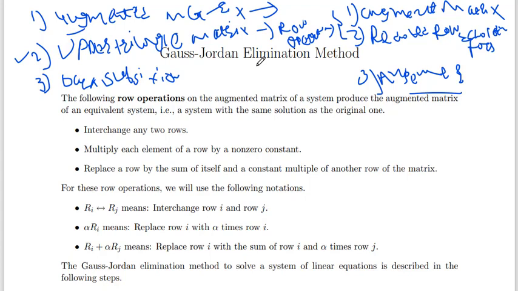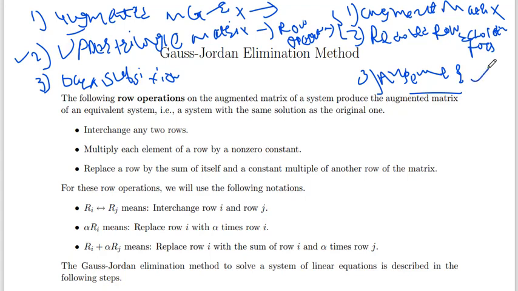But in Gauss-Jordan elimination we do row operations and transform the matrix into reduced row echelon form. We will talk about what reduced row echelon form is in the next ten minutes. And the answer from both methods is correct.